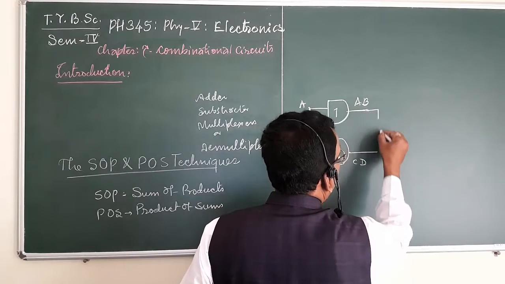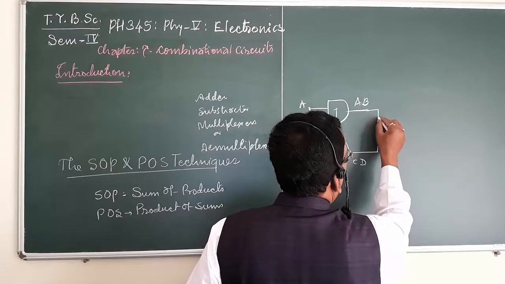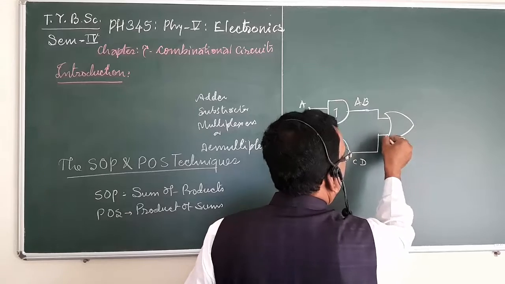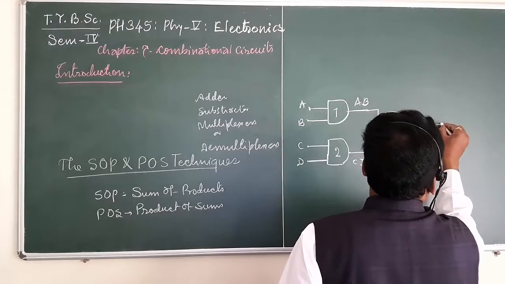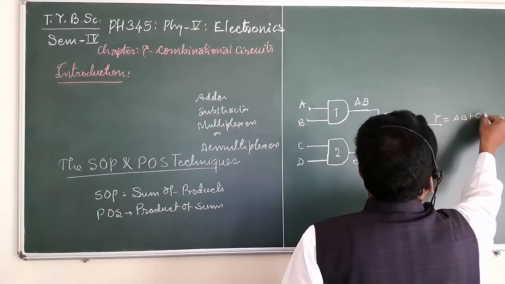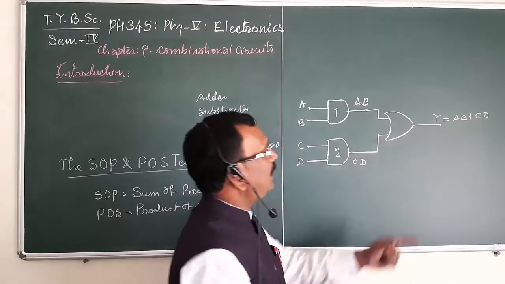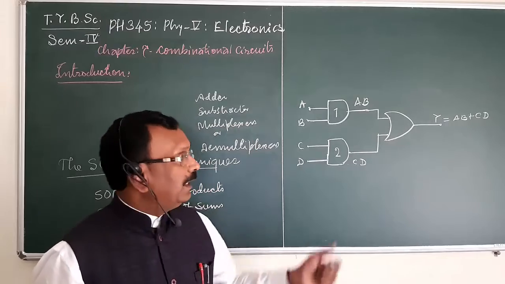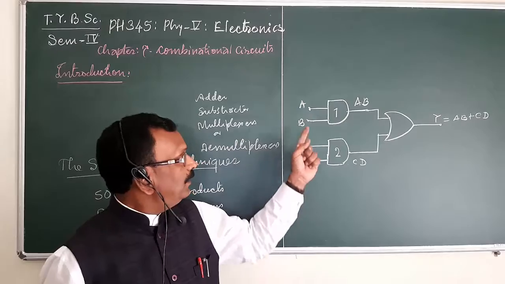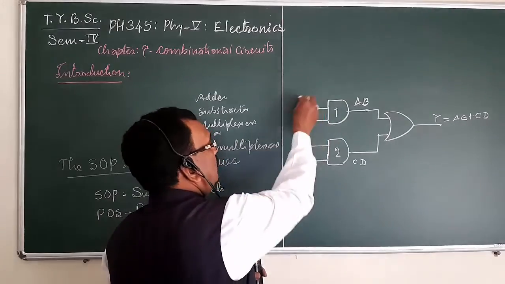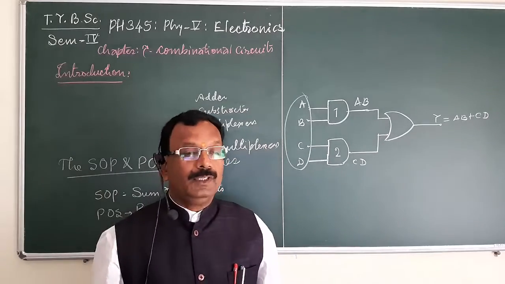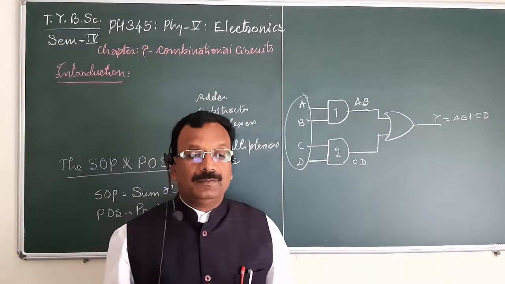When we add these two, we use an OR gate, and the output of this OR gate is Y equal to AB plus CD. This is the Boolean expression, a mathematical expression which gives the relation between the inputs and the output of logical or digital circuits.